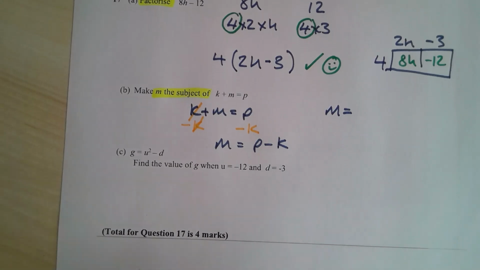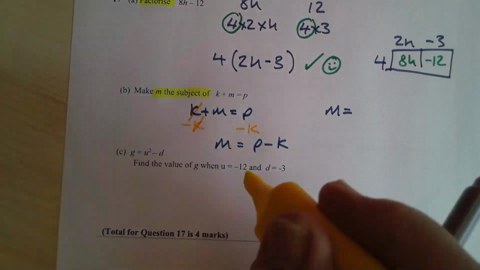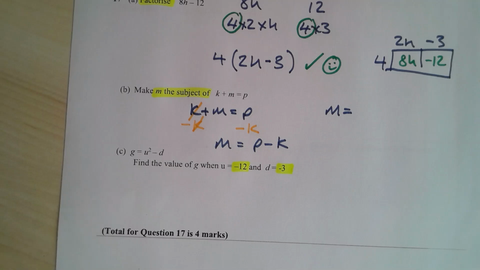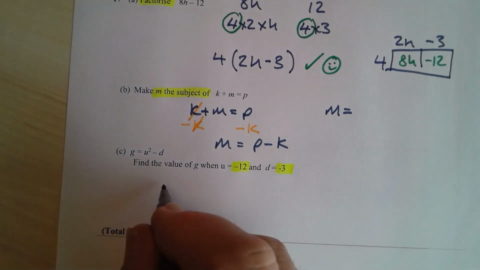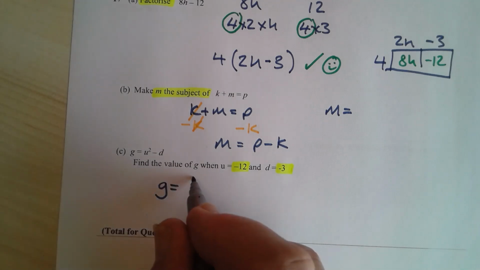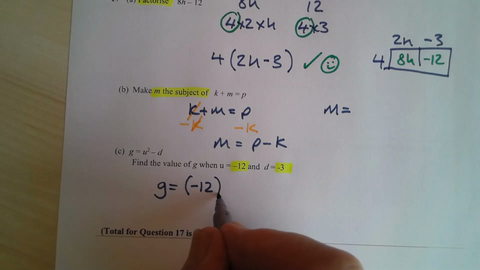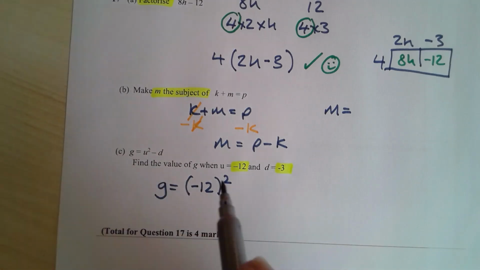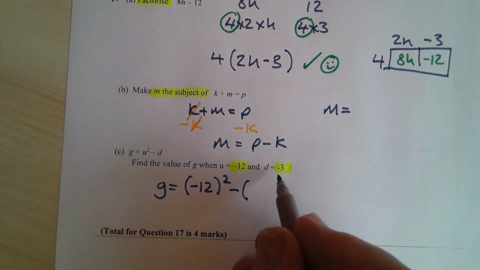And the last question in this little set, find the value of g when u is negative 12 and d is negative 3. So I'm going to use my calculator to do the calculation of g equals negative 12 squared. Notice I'm using the brackets with a negative 12 minus 3.